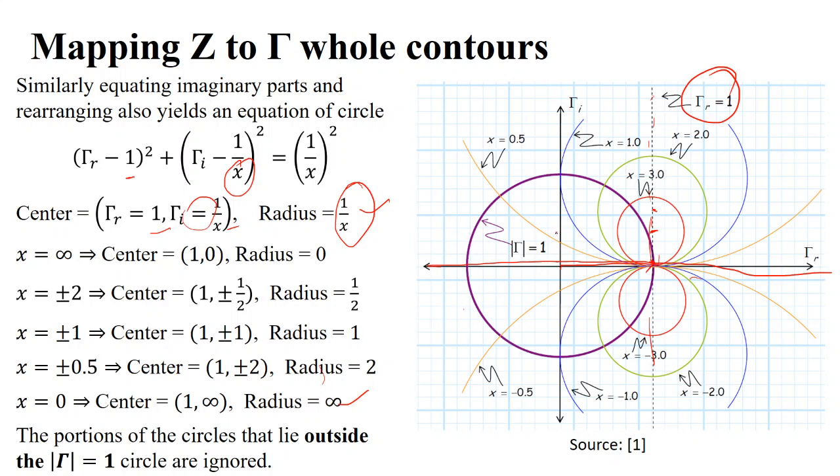Now because we are only concerned about this region, which is the region where we have valid points, we will not focus on the whole circle; rather, we will only focus on the arcs of these circles. So these arcs are important to us, not the whole circles. So these are the arcs.